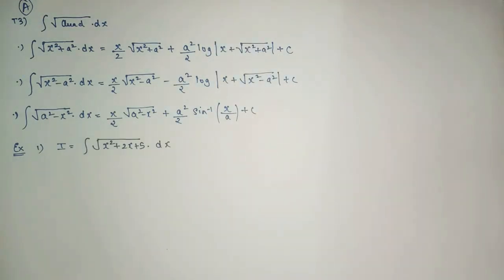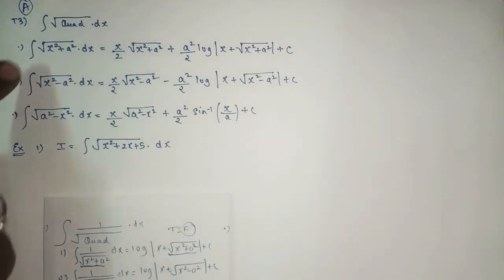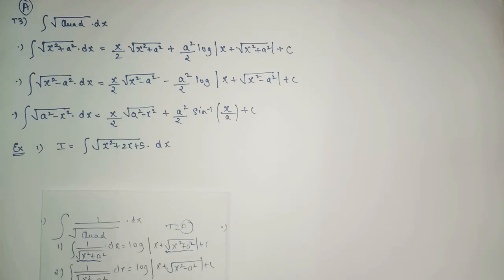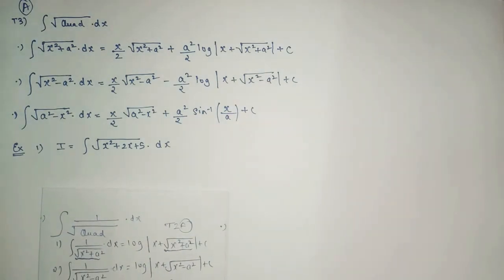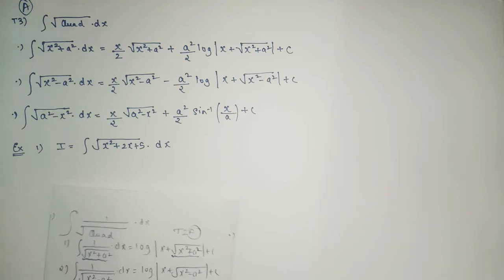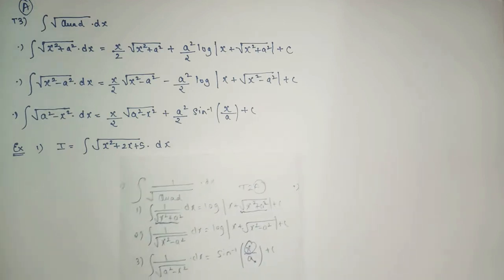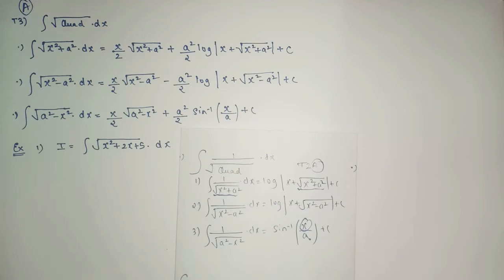So now we'll see how to remember type number 3a formulas. The first one is what? Integral root x square minus a square. The formula is a little lengthy and it looks difficult to learn by heart, but there is a simple trick to remember the formulas of type number 3a.